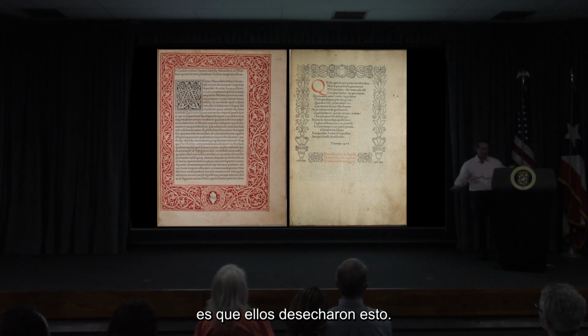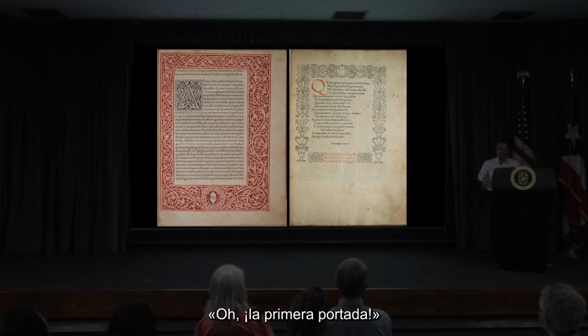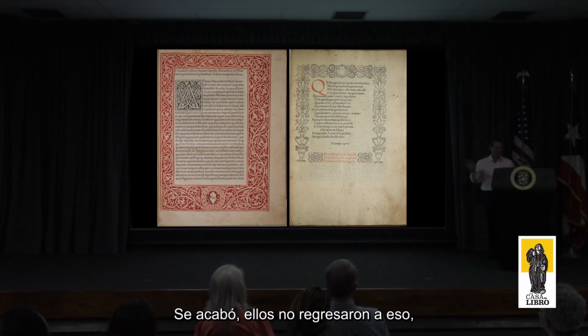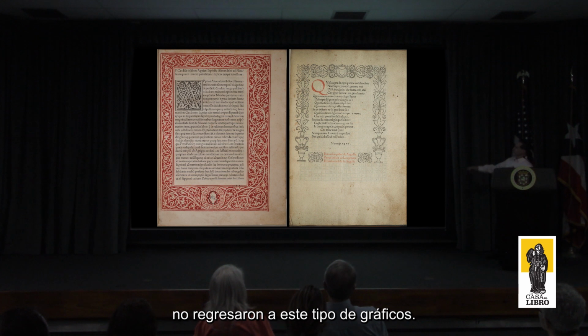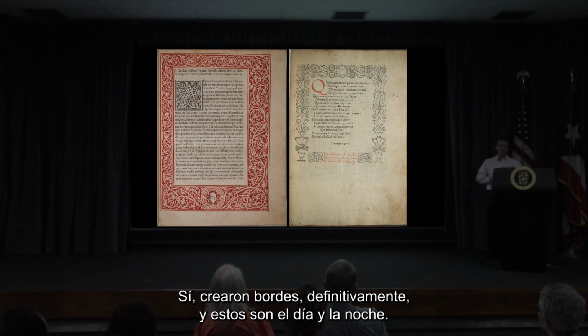What is striking is this idea of the title page that resonates with us. Oh, the first title page. Done. Didn't go back to that. Didn't go back to these typographics. Yeah, they created borders all right. And these are night and day.